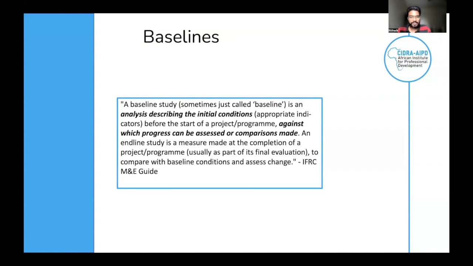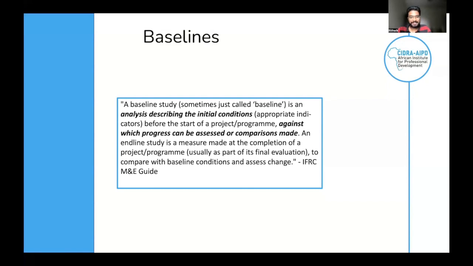And this is a definition of baseline from the textbook that is being used for the course, the IFRC M&E guide. The key terms would be analysis describing the initial conditions against which progress can be assessed or comparisons made. So that is what it is in quite simple terms.